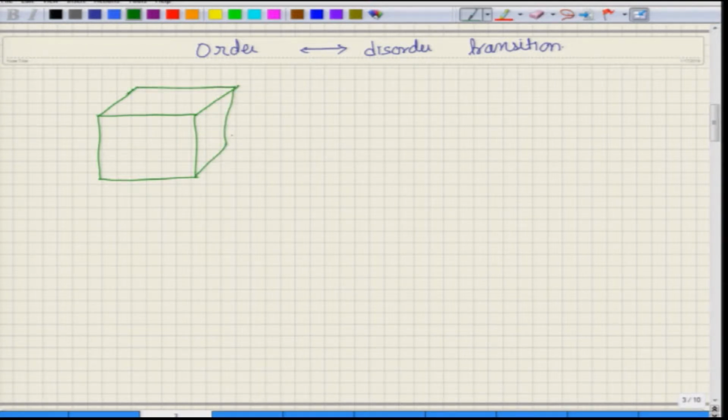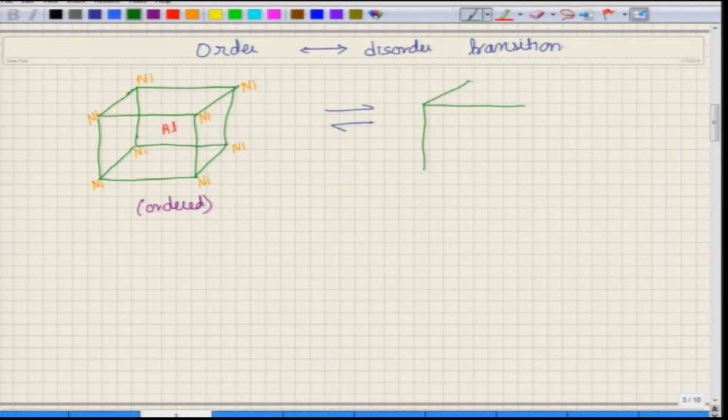So, if it was NiAl, at the corners here we are putting Ni, this will be called the ordered system, and in the body center we put aluminum. So, this will be called ordered, and if you increase the temperature, then what you may end up with is a system like this.